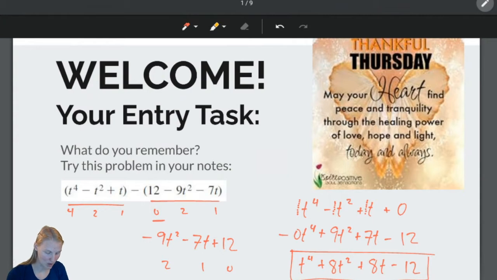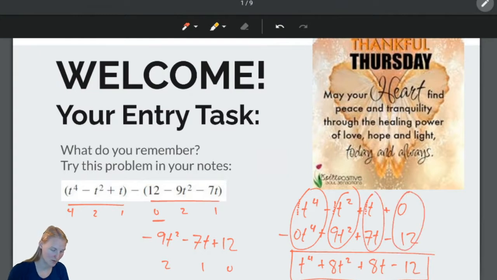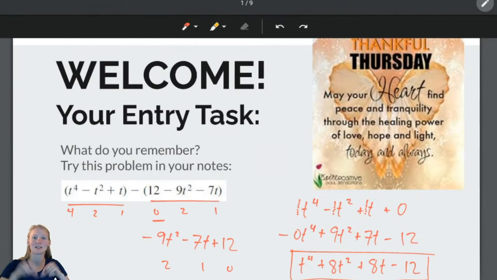And there you have it. We already had all of our t to the fourths together, our t squareds together, our normal t's, and our numbers. So that made it nice and easy to subtract them all together.